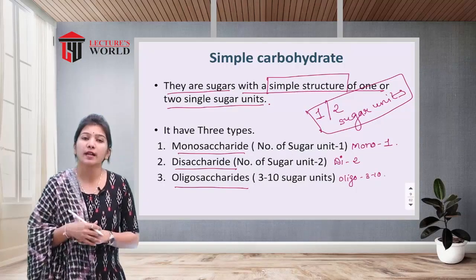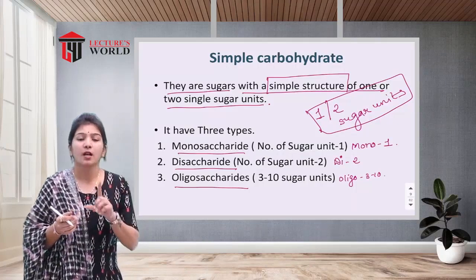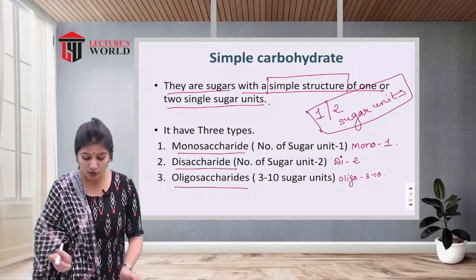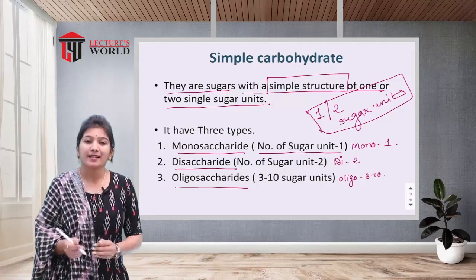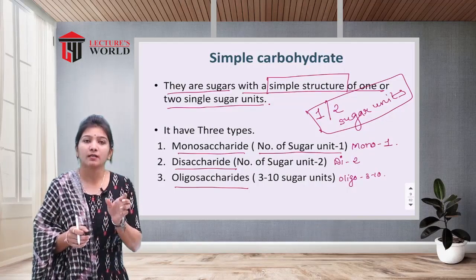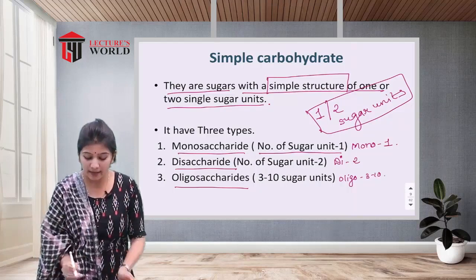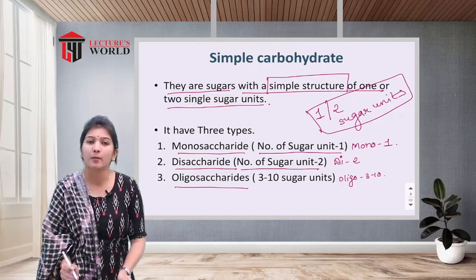Monosaccharide: mono means 1, so it contains only one sugar unit. Disaccharide, the word suggests di, means 2, so two sugar units are present.